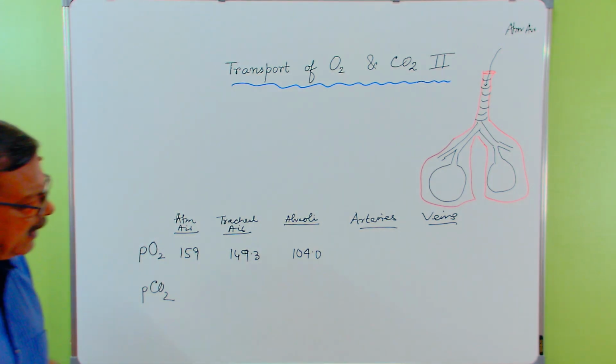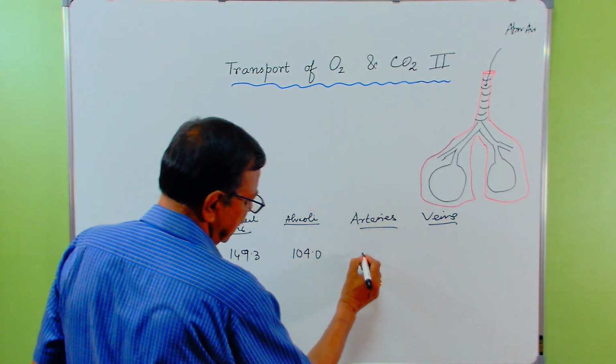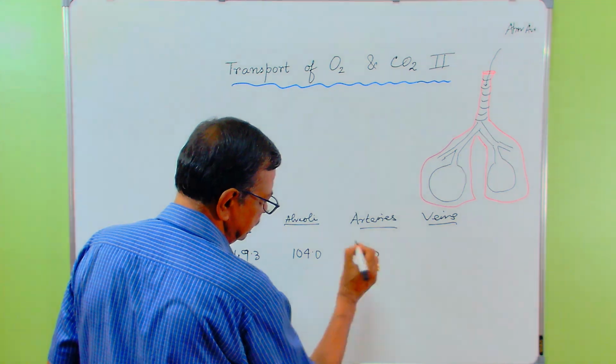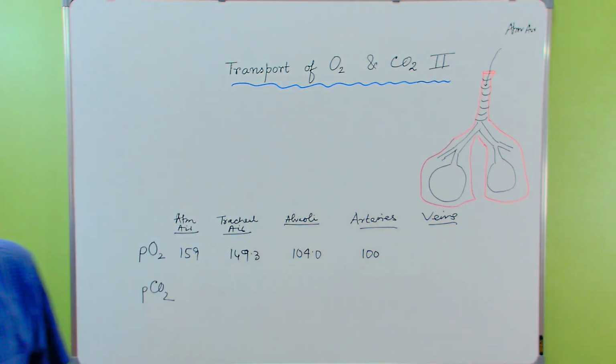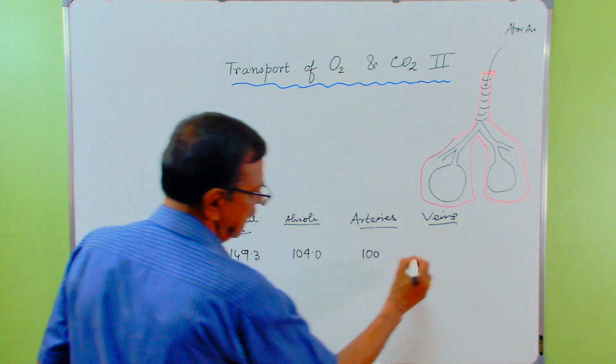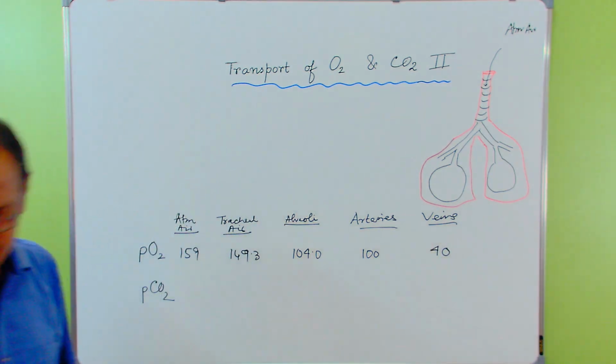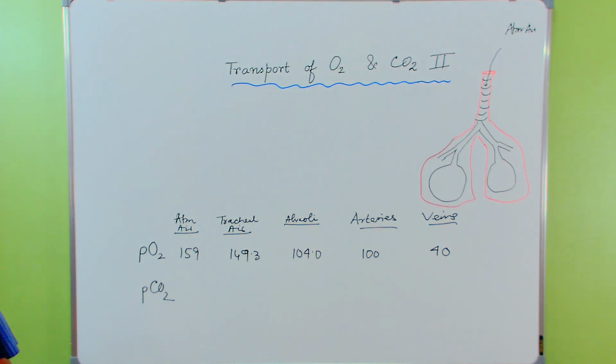Then in alveolar or arterial blood, it is 95 to 100, make it 100. And in veins, the oxygen partial pressure comes down to this.